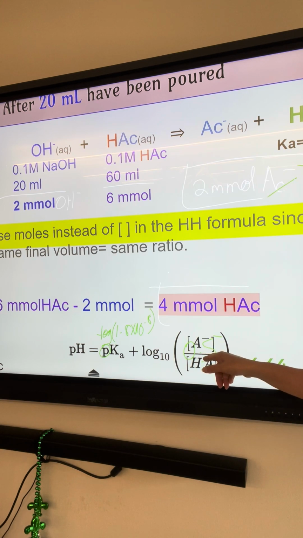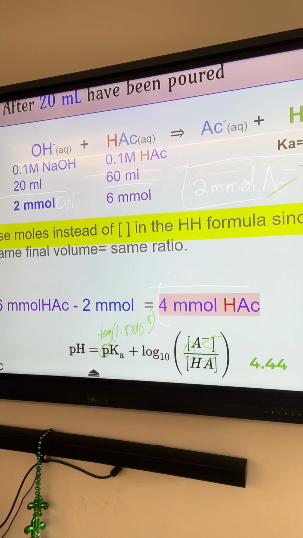So you do 0.5 and then log base 10 of that. In your calculator, you have a button that says log. Put log of 0.5, because 2 divided by 4 is 0.5.